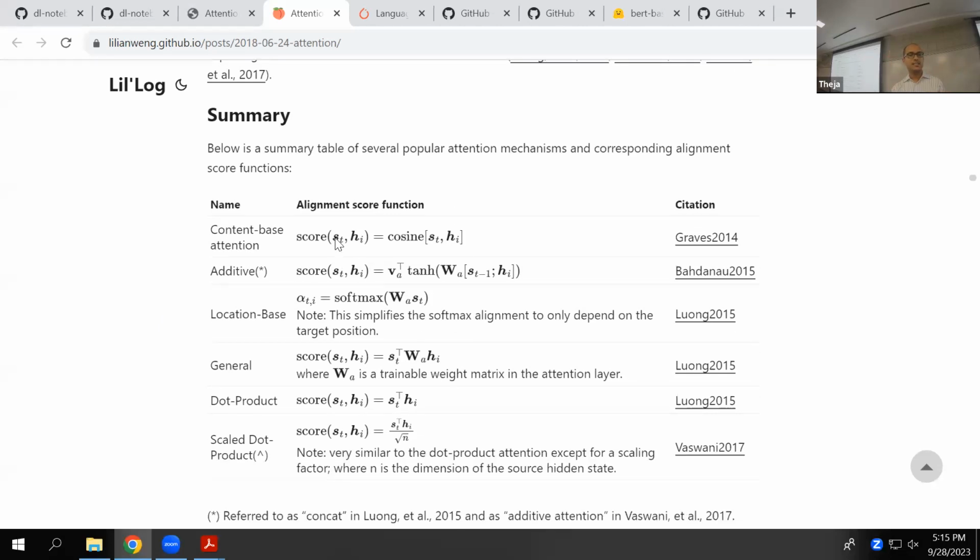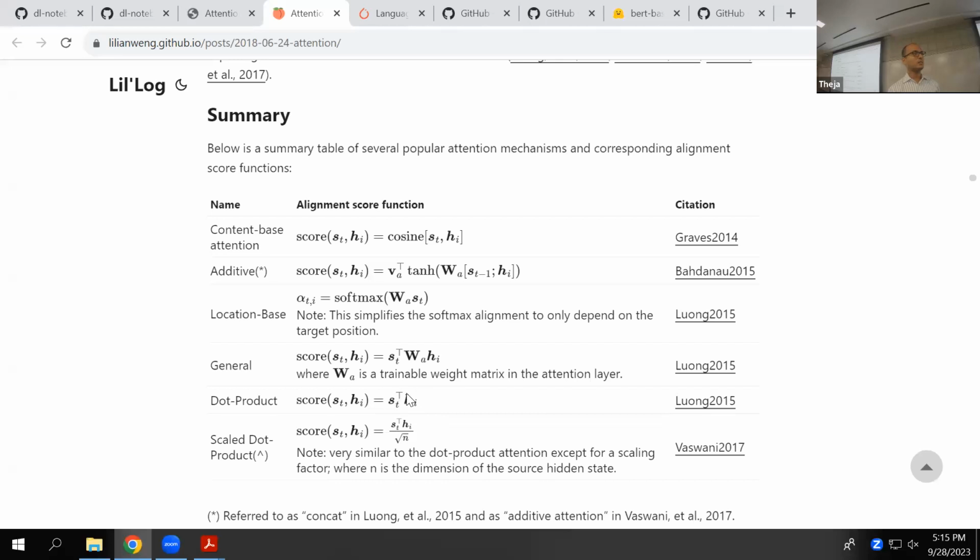Here s_t is the hidden vector on the decoder side, and h_1 to h_10, if there are 10 words in the input, are the hidden vectors for the input words. You can have cosine of s_t, h_i as an attention score or attention weight. You can do inner product also. One of the versions is just the dot product, and the fifth one is s transpose h.